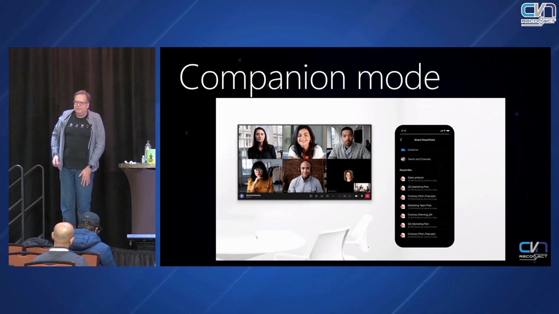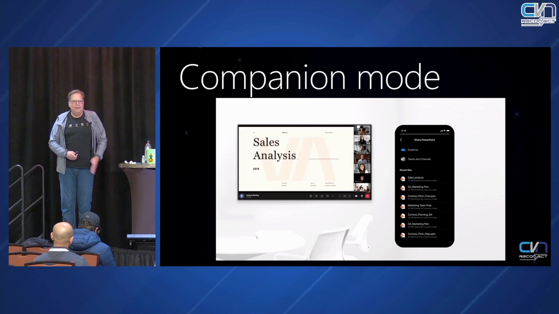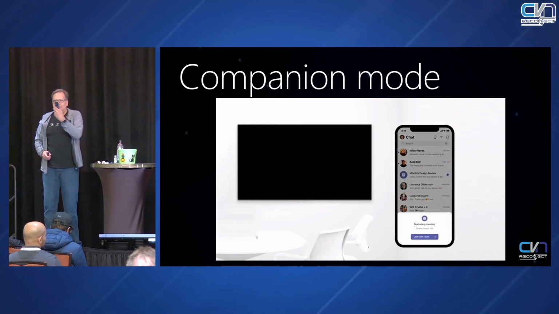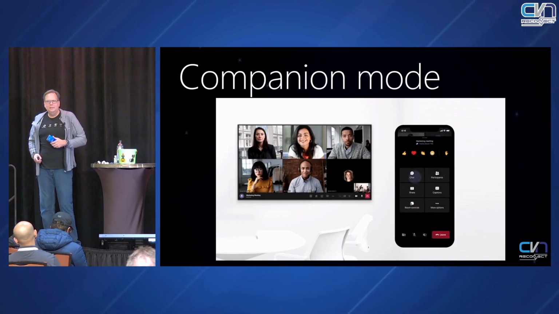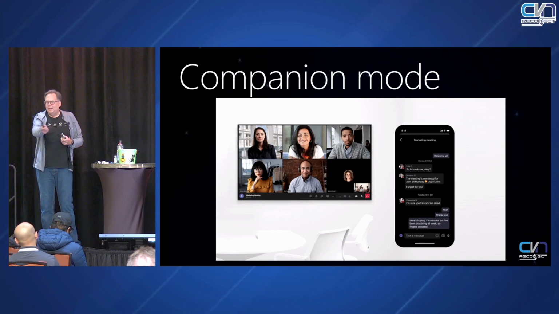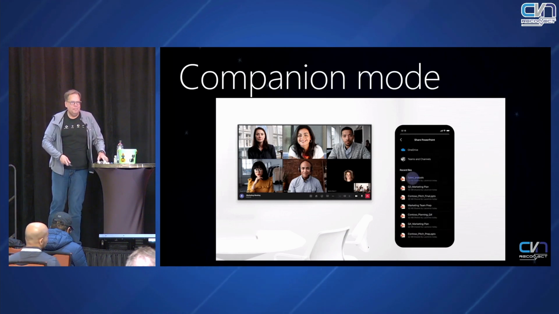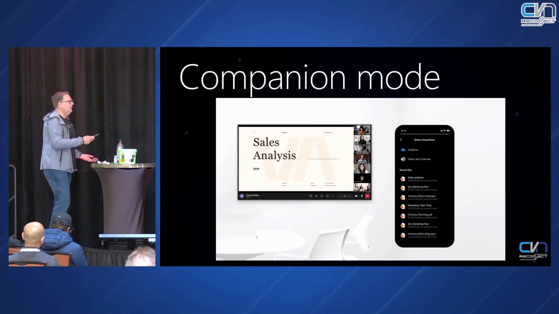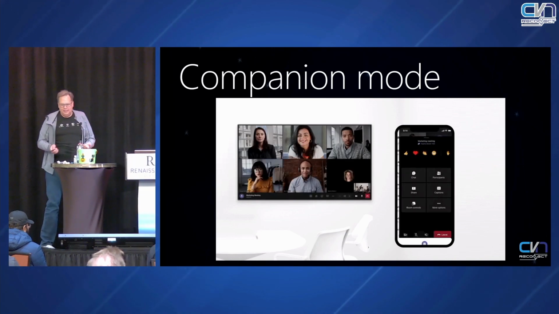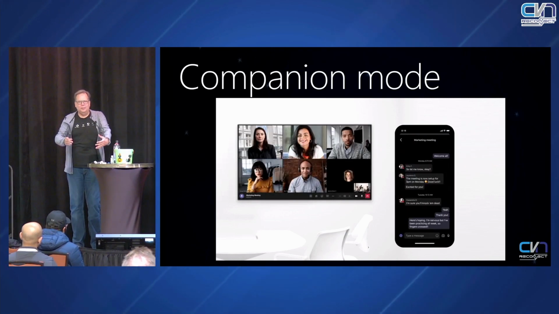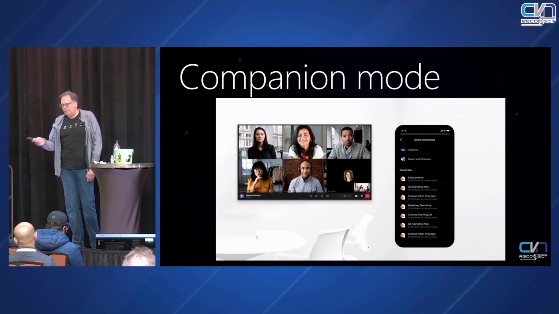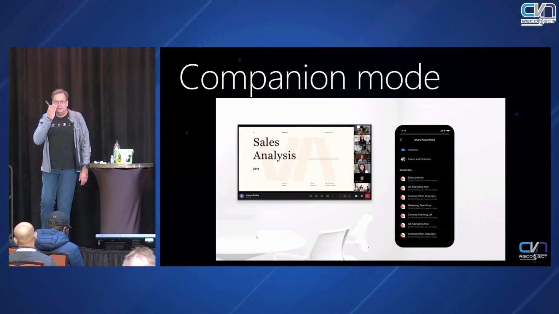One, it's safer from a COVID standpoint: this is my phone, I touch it, nobody else does. So I don't have to worry about the console having germs on it. The other thing is it also lets you sit away from the console and move your PowerPoint slides forward and back, control those kinds of things.